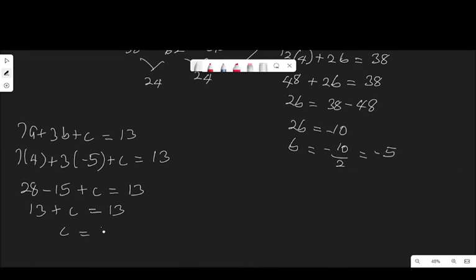That means c is 13 minus 13, which is 0.